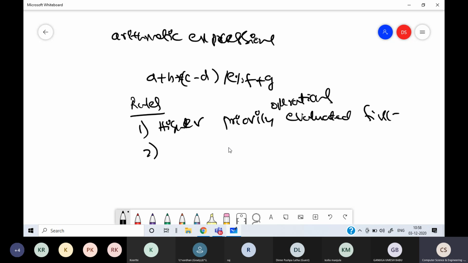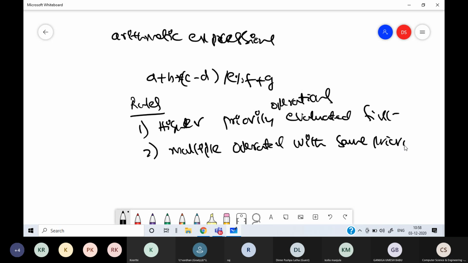Now, if I have an expression with multiple operators of the same priority, then the evaluation is from left to right. If asterisk has the same priority, percentage has the same priority, and slash has the same priority, then whichever occurs first from the left side is evaluated first. Normally the higher priority operation should be given the first chance.